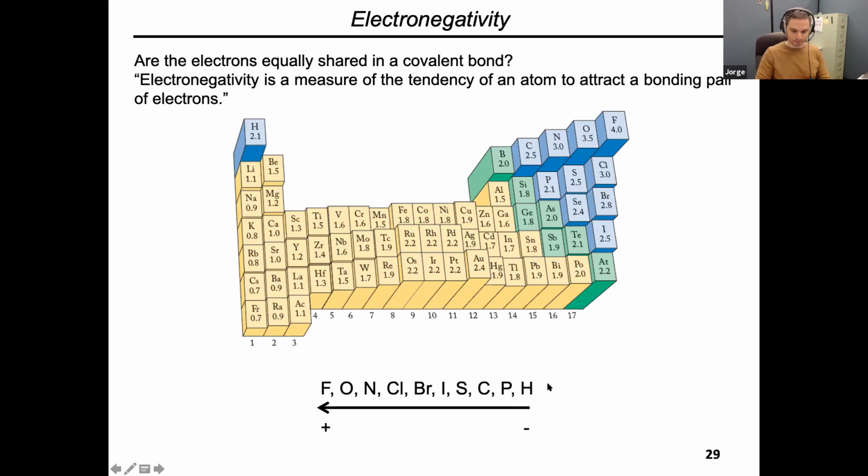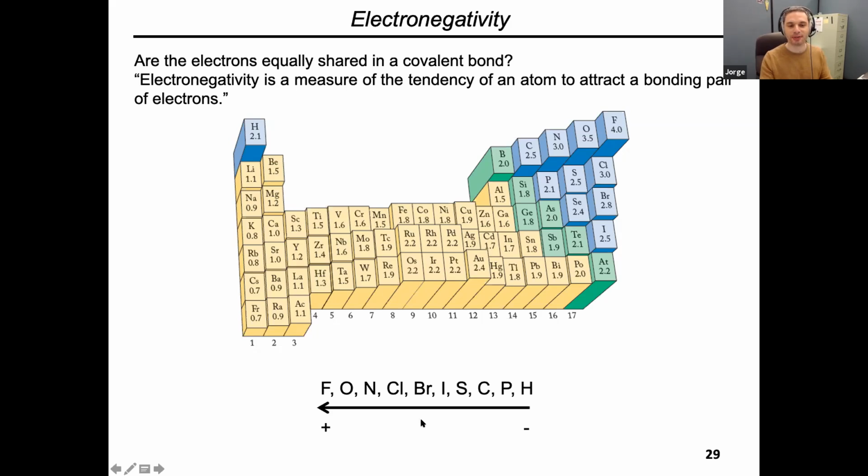Okay, so therefore, in a covalent bond where fluorine is present, this atom will attract the electrons shared in the bond closer to itself. And that's the meaning of electronegativity: the ability to attract the electrons that are being shared in a covalent bond.